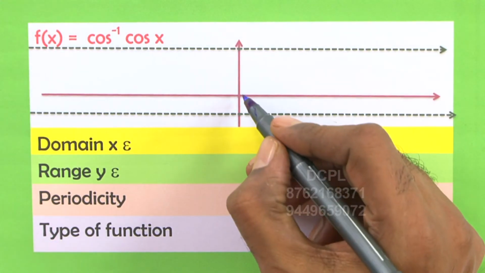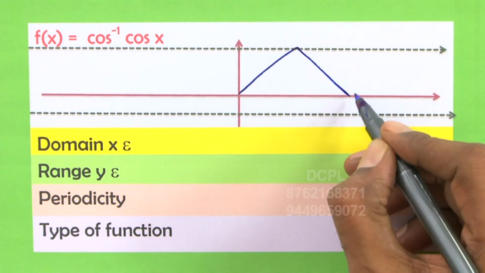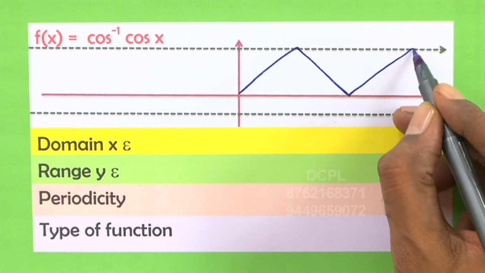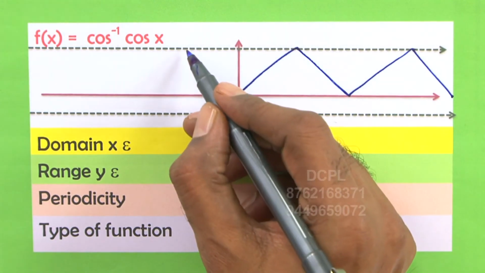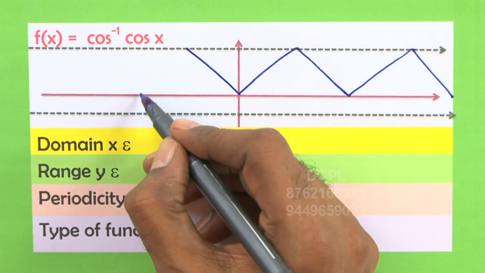Students, once again, let me draw the graph of cos inverse of cos x and discuss a few important pieces of information. See, I'm just drawing the graph like this, right?